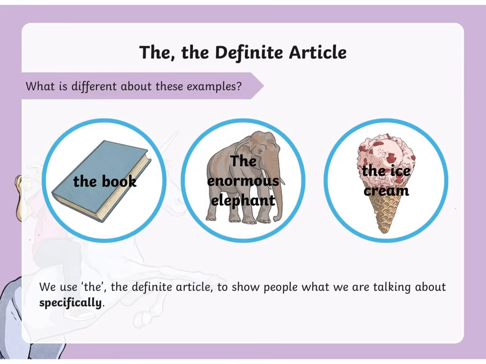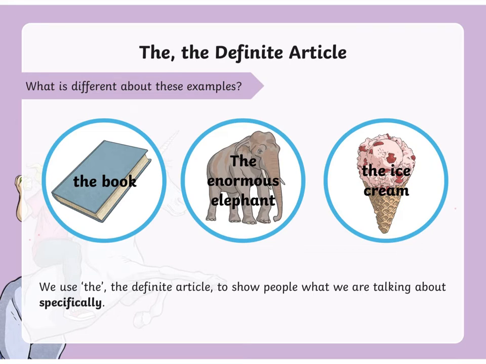Now we have one more article. The is a definite article. The क्या है? Definite article है. What is different about these examples? अब हम examples देखेंगे और समझने की कोशिश करेंगे. The book, the enormous elephant, the ice cream.